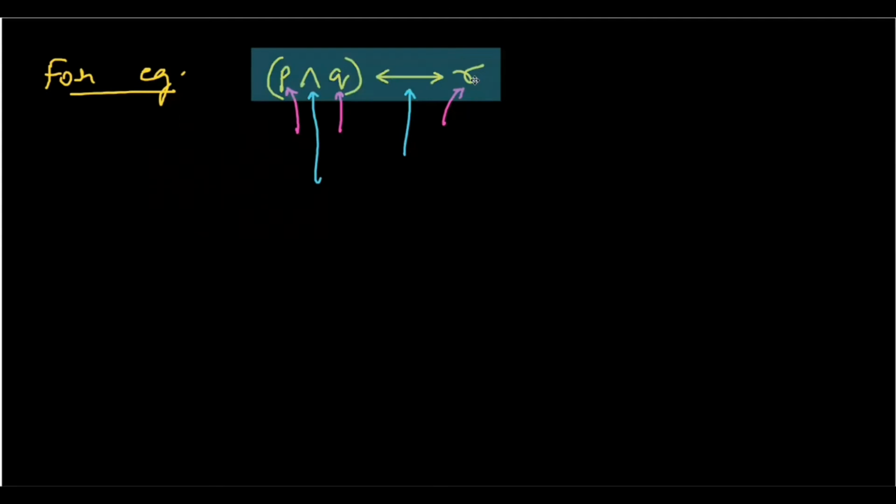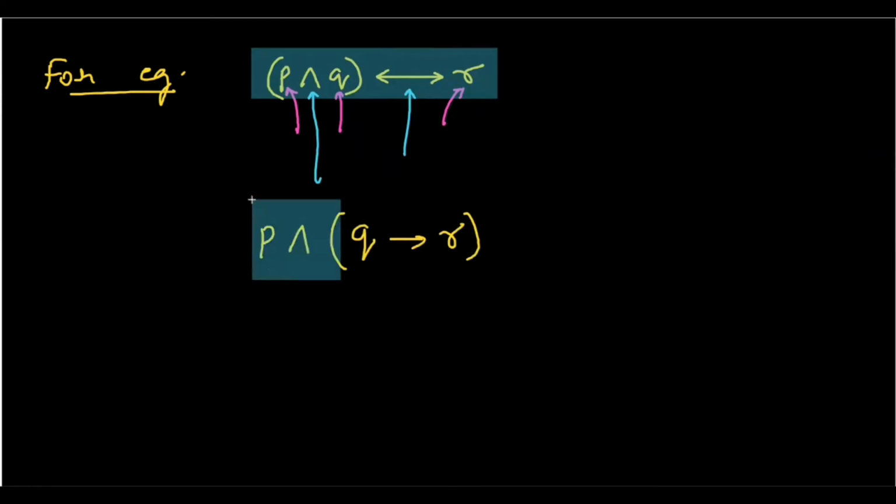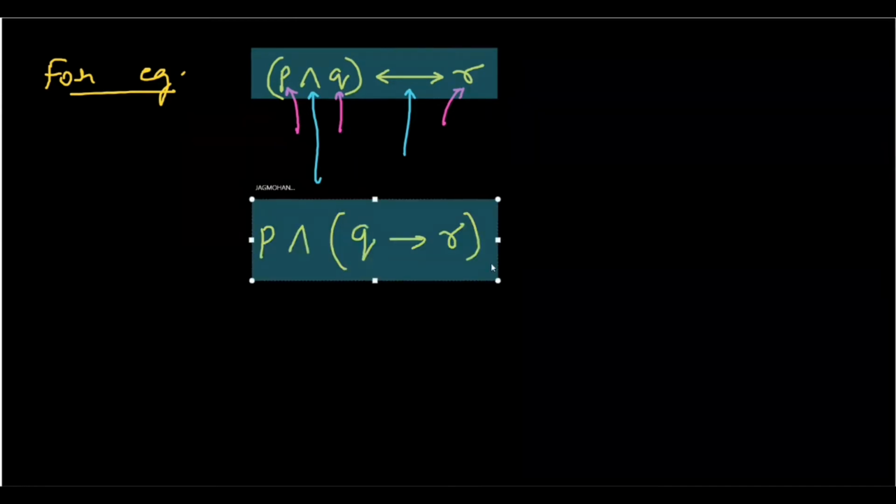Next, I give you one more example. One more example can be P and Q implication R. This is another statement pattern. Okay, see, I can have one more example. It is P or Q double implication P. Now here we have only 2 component statements.